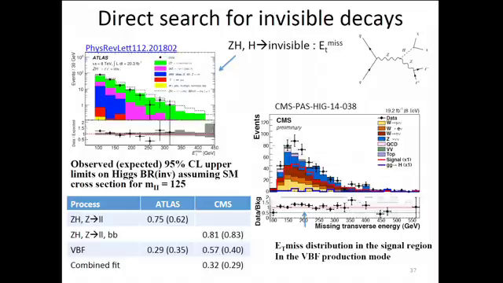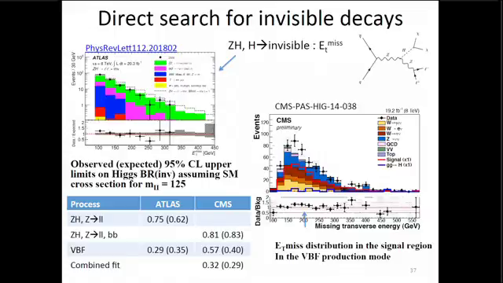Okay. So one can do even more, and look directly at invisible decays. This is done, for example, by looking at a Z or a W that recoils against anything, so something missing. So this is missing transverse energy, for example, in the analysis of invisible Higgs recoiling against a Z from ATLAS.